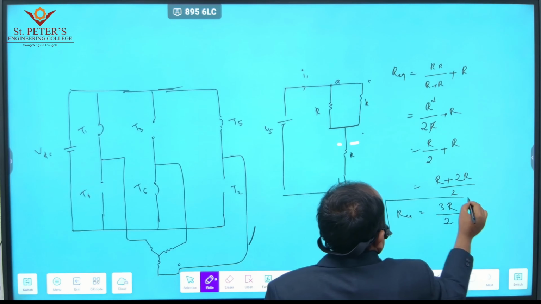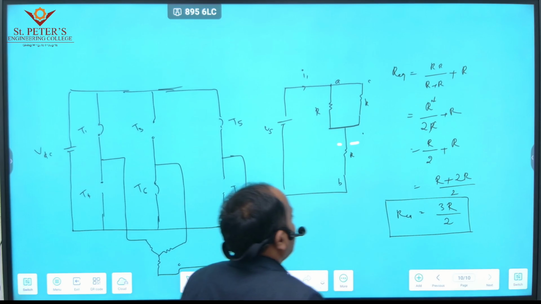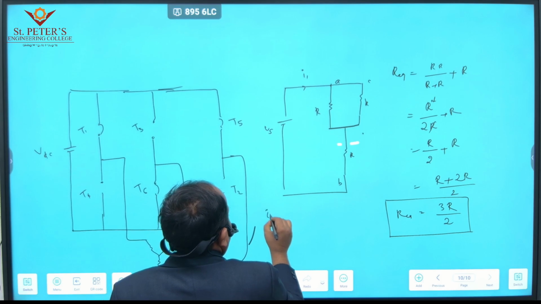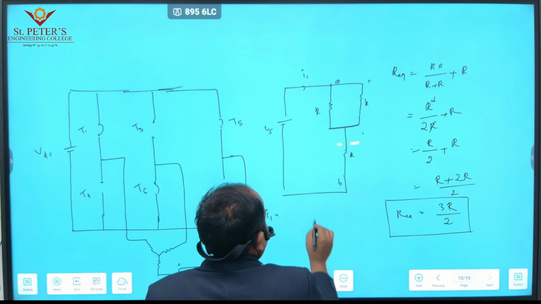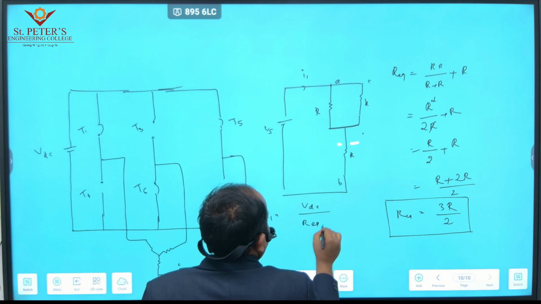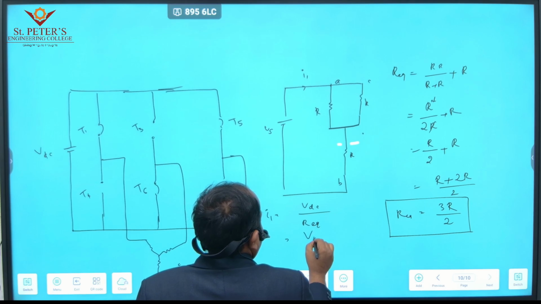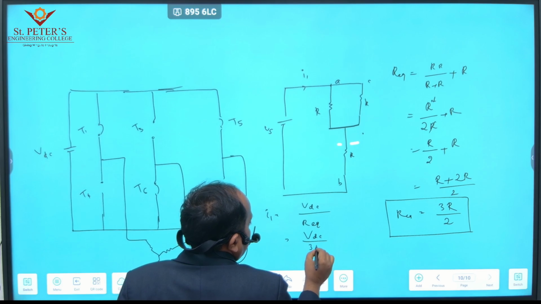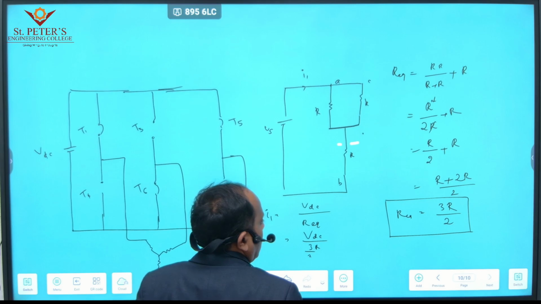Then what is the current? What is the total current I? We can get I or I1 equals VDC divided by R equivalent. Then VDC or Vs divided by R equivalent, that is 3 by 2 R.